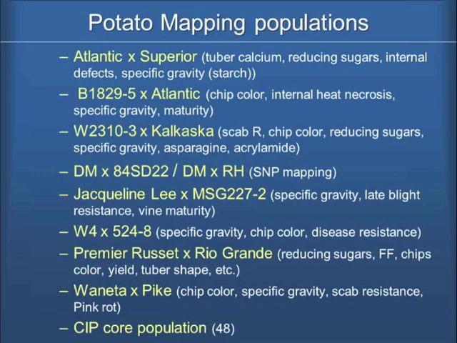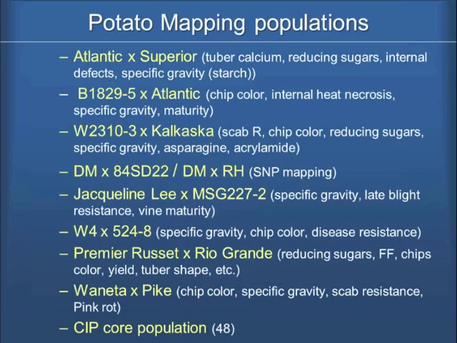So to move forward with the mapping, we thought one of the simplest things to do is to start crossing DM to some other diploid lines so that we only have one parent segregating to simplify the genetic analysis. So we initially developed a mapping population for DM by 84 SD22, which is a Chacoense tuberosum hybrid.